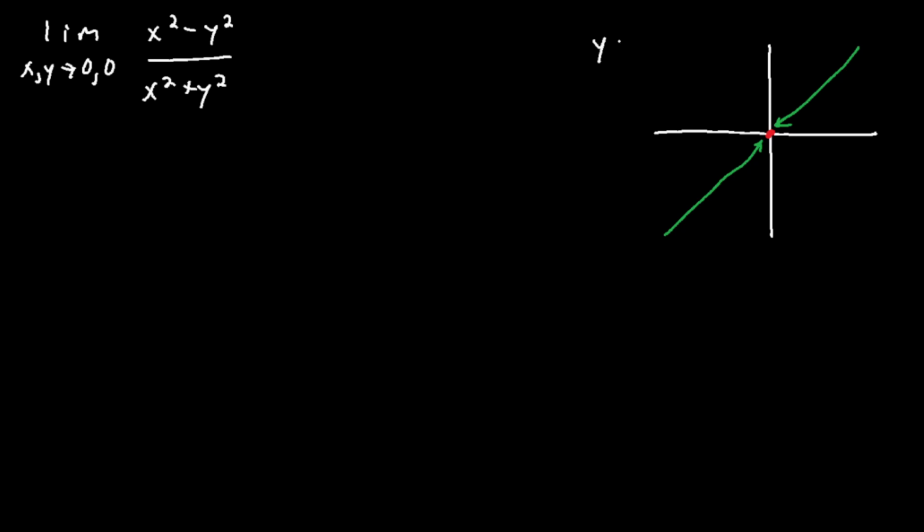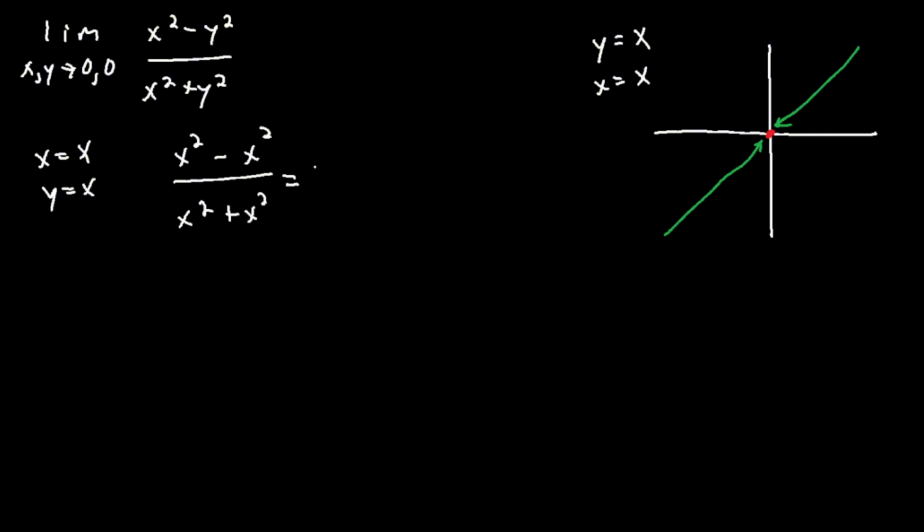So y is equal to x, and let's keep x the same. x stays the same, y turns into x, and what we get is 0 over 2x squared, which is equal to 0. So while approaching along y is equal to x, you get 0.